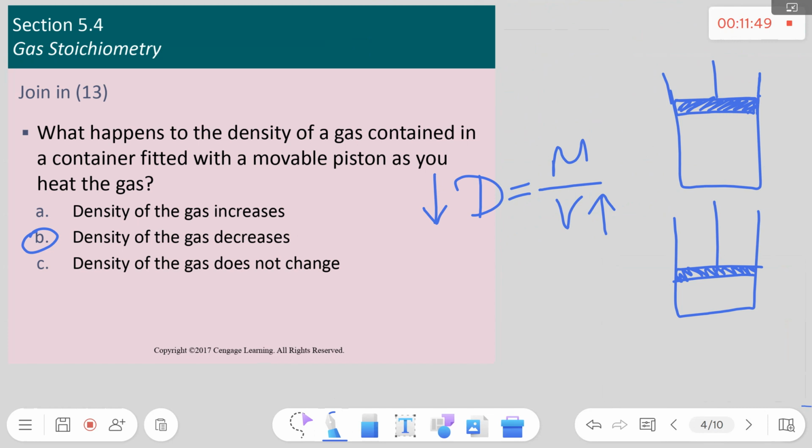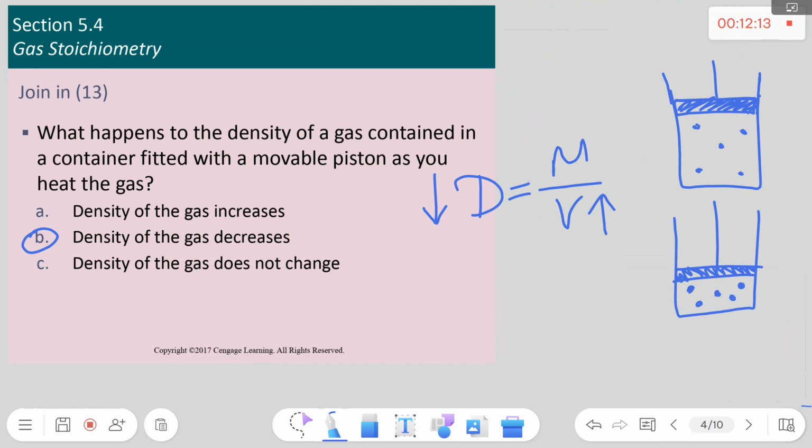If I've got 5 gas molecules in here, 1, 2, 3, 4, 5, I heat up a piston so it can move. I still have 5 in the container, right? Does your mass change? No, we didn't add any gas. But your volume increased, so density goes down.